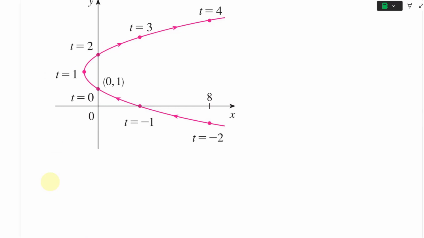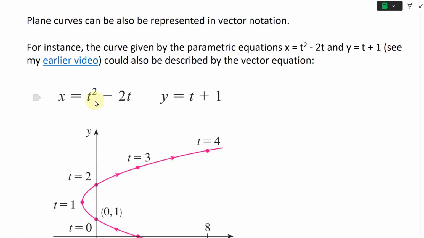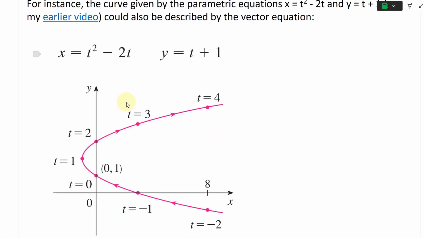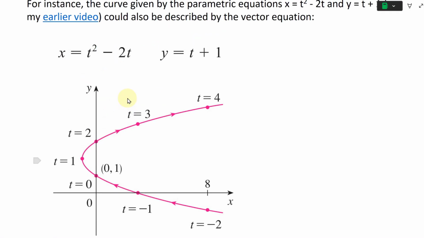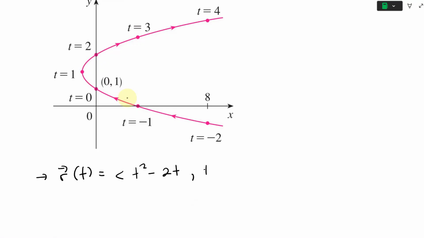But now we're going to write this in vector notation. So r of t equals, well, now just write these in components. The first one is the x one, t squared minus 2t, and the next one is t plus 1.